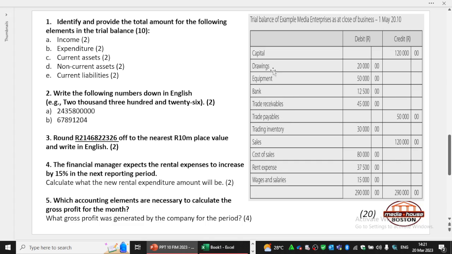If that's the case, you'll notice that from the beginning up until before sales, everything there is from the balance sheet accounts. So if you are looking for income or expenses, you start looking from sales going downwards, because everything there represents the nominal accounts, and nominal accounts only show our income and expenditures. So we're able to identify them from there.